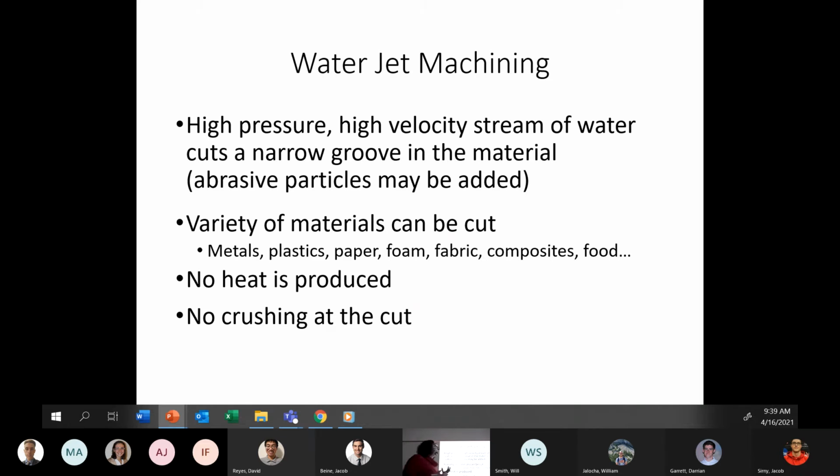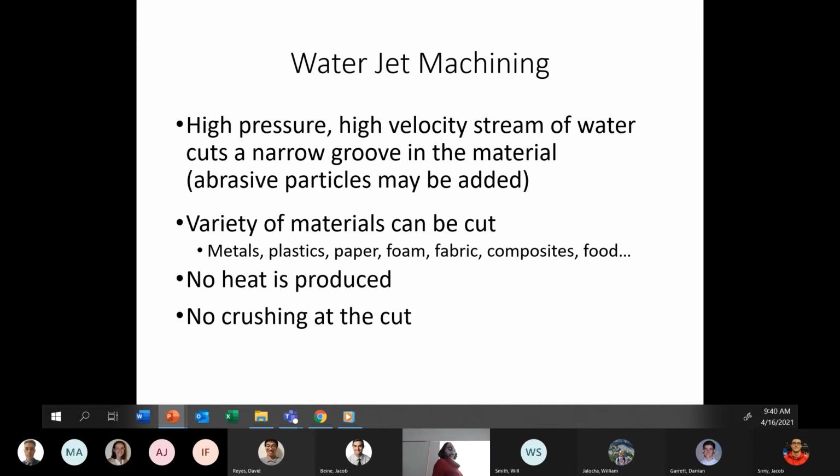Now water jet, so for every process, how are we removing the material? What is happening? In water jet, we have a high pressure, high velocity stream of water. And we're removing the material through really abrasive action.